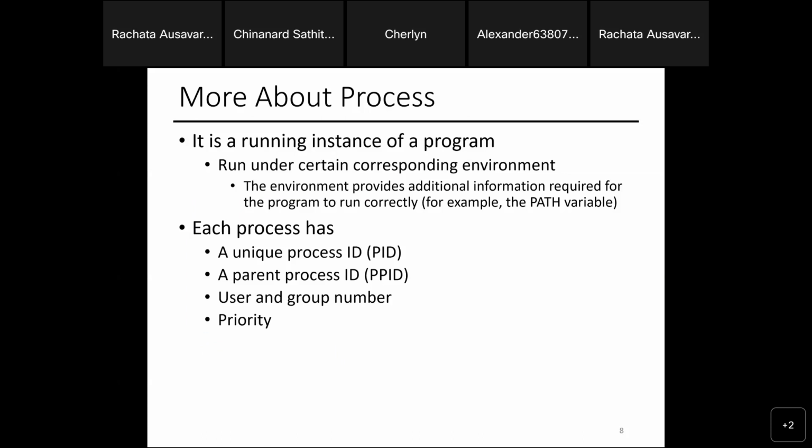Why is a number good? Why is a number more convenient than text? Why do they keep track of the process using a number rather than Chrome as a text, as a string? Faster to type. Also, more space efficient, right? A number is like 4 bytes.